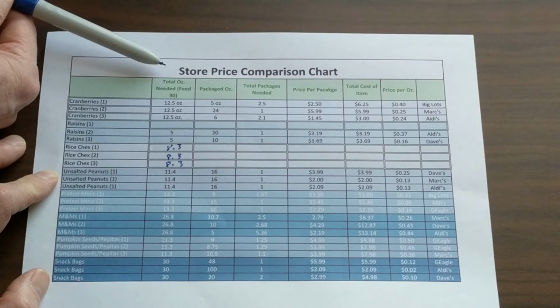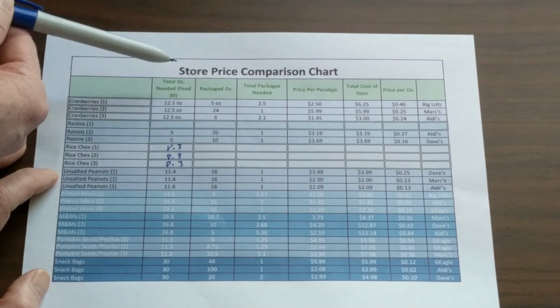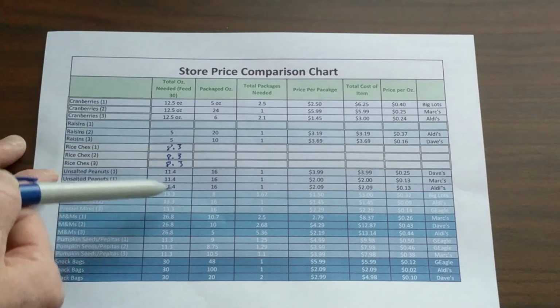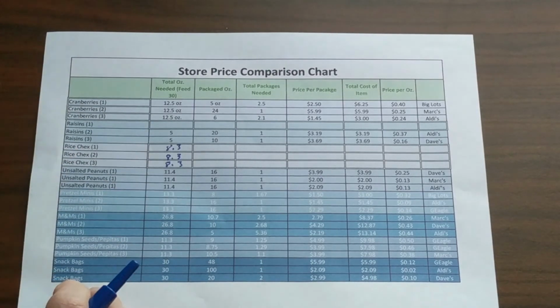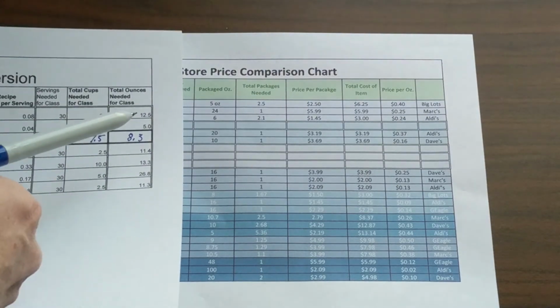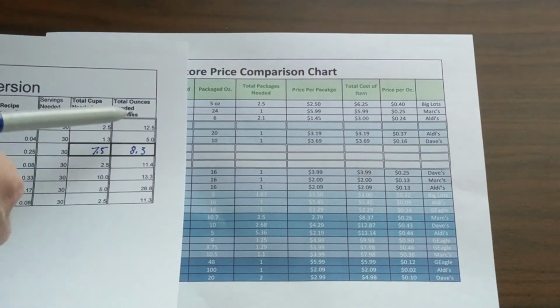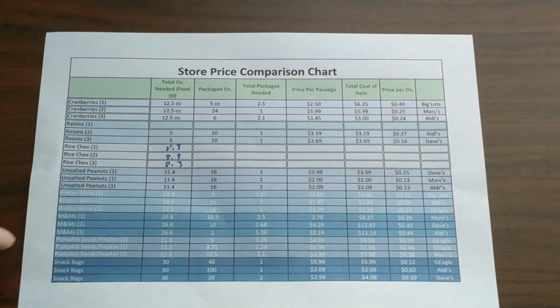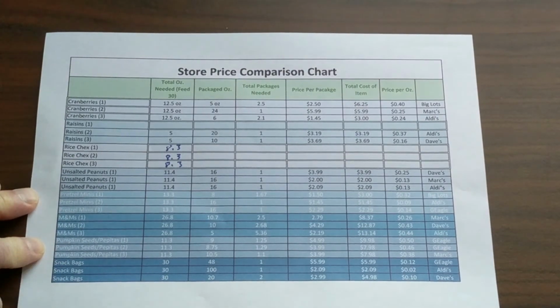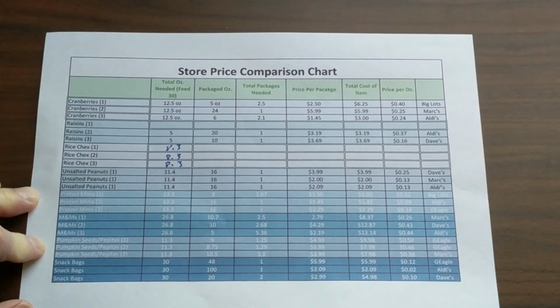This column is all of the totals that we know in weight that we need to serve the entire class. And we got that from this column. And notice also that we've added snack bags down here because we need to buy those too. So we want to do some comparison prices of those.